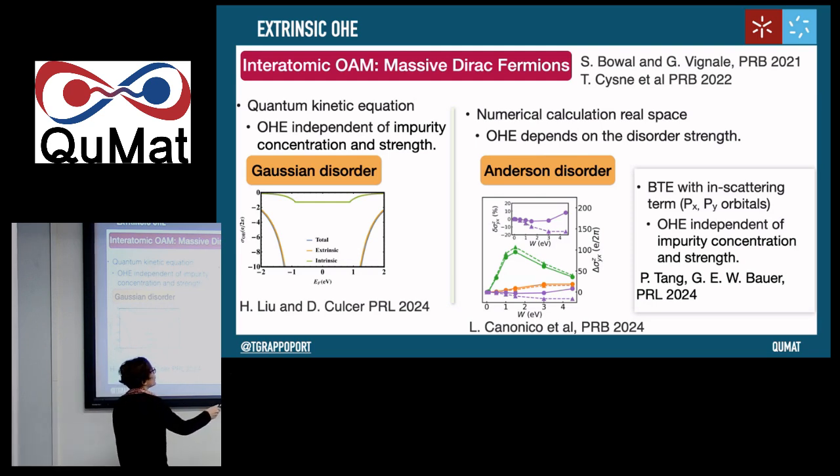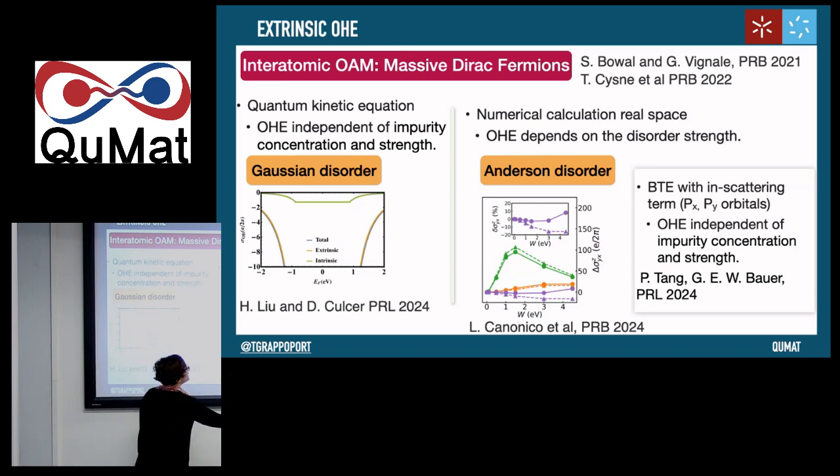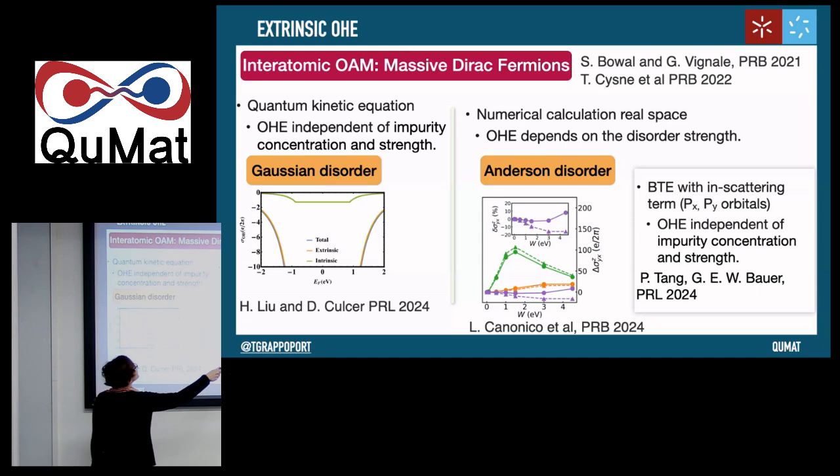There are also Boltzmann transport calculations in a simplified px-py model, showing that depending on the symmetry, the extrinsic contribution can cancel the intrinsic contribution, but in that scenario the orbital Hall effect also does not depend on impurity concentration and strength. And then numerical calculations in real space, where the orbital Hall effect depends on the disorder strength, and can increase and then decrease.